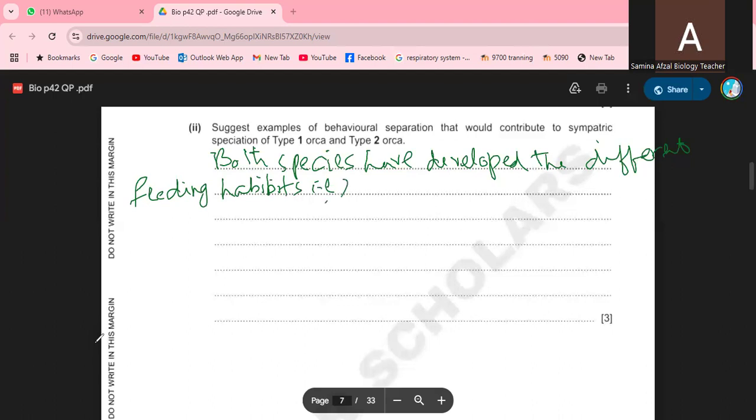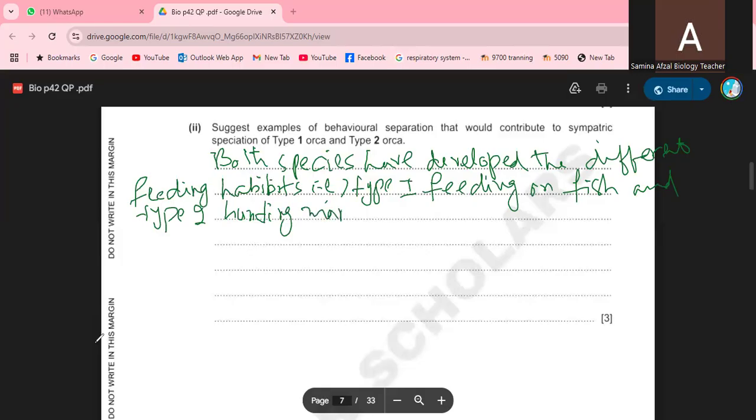That is, type 1 feeding on fish and type 2 hunting marine mammals.